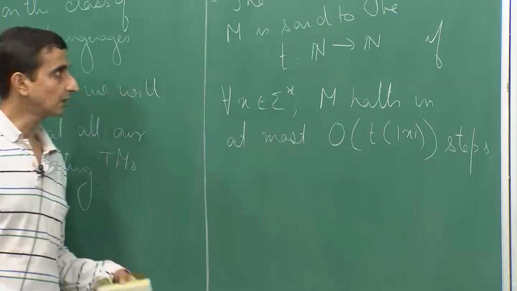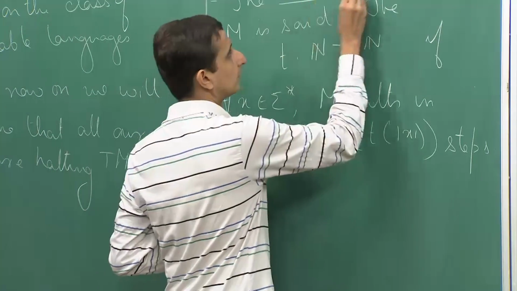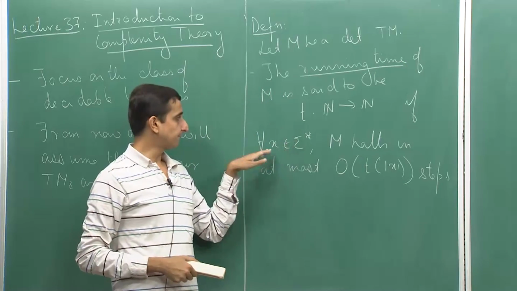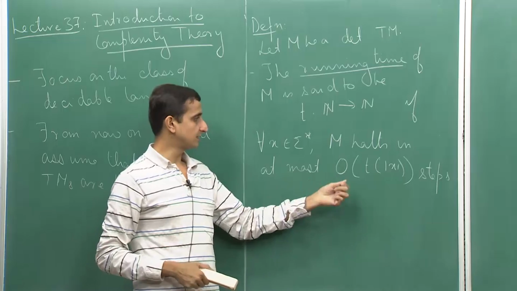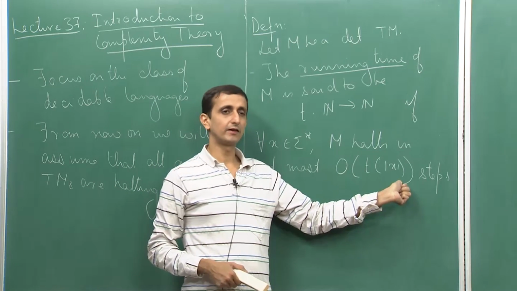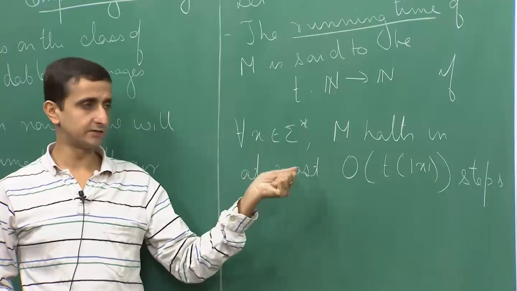Okay. So, we say that the running time of a Turing machine is some function T if for every x the machine halts in at most order T of mod x steps. Okay. So, there are several important points in this definition.